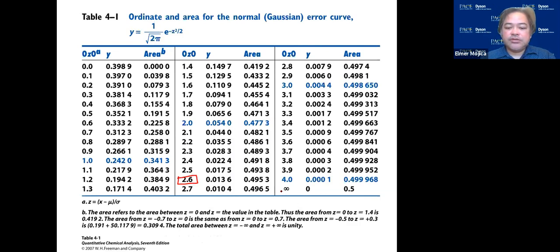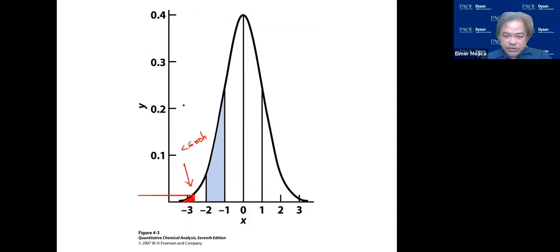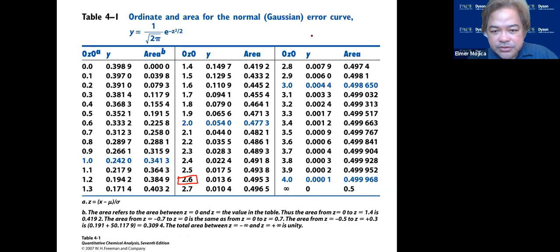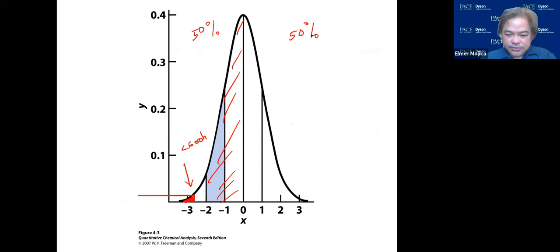So how much does this represent? So if you're going to look at this one, you could say half of the population are here and the other half are here. So if you're going to look at the area that you have there, that 0.4953, that represents the area on this one.